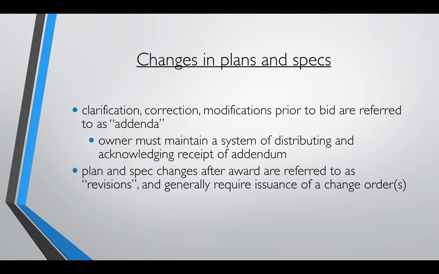When the documents are going out for bid, if there are any changes during that bid phase, they're going to be processing these addendums to the contractor, and the contractor has to acknowledge receipt of them. The contractor has to say, yes, we have received this change that you are providing to us, and we will proceed to submit to you a cost proposal with these latest changes. That's going to be during the bid phase.